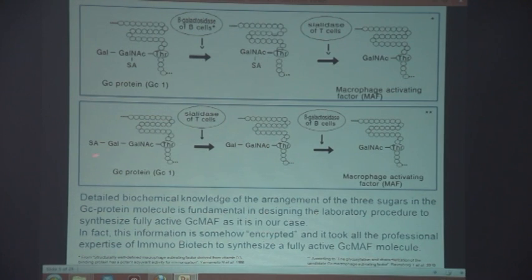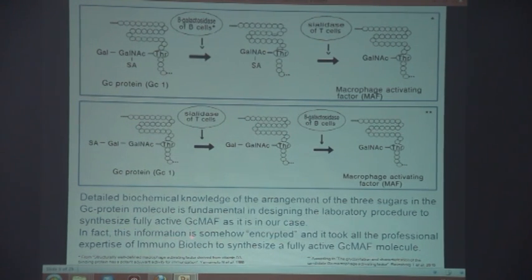For example, this linear structure of the sugars. And in this case, it's critical if using first sialidase and then beta-galactosidase. This detailed biochemical knowledge of the arrangement of the three sugars in the GC protein molecule is fundamental in designing the laboratory procedure to synthesize fully active GcMAF.